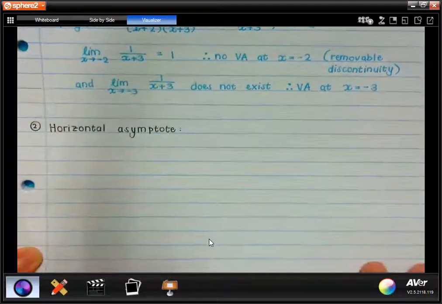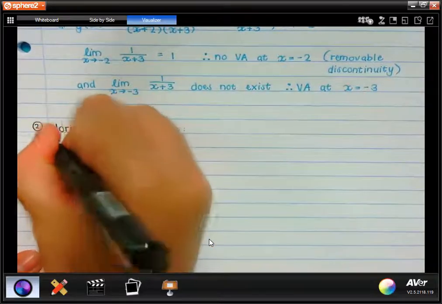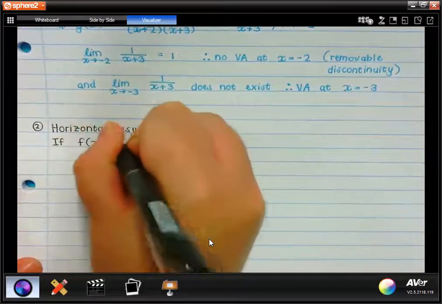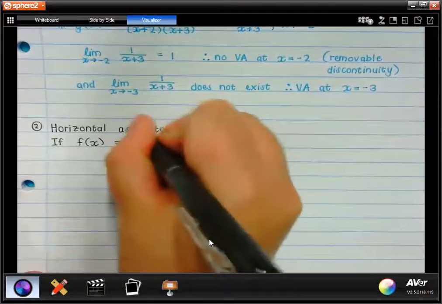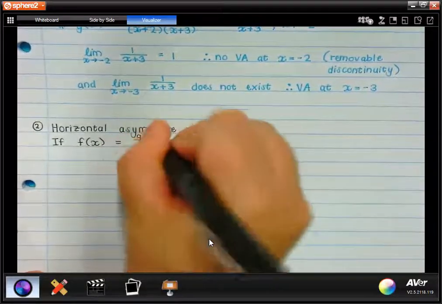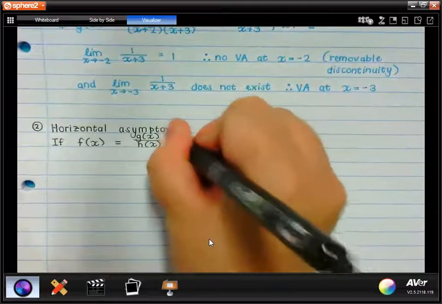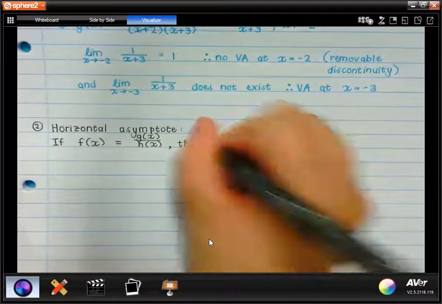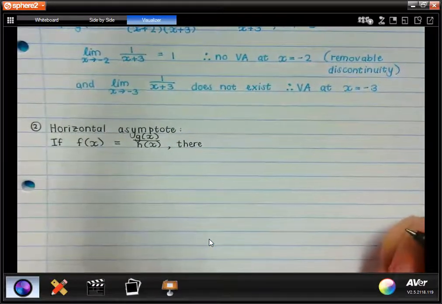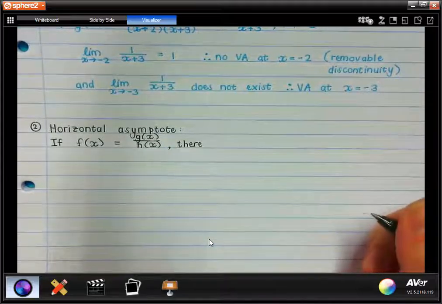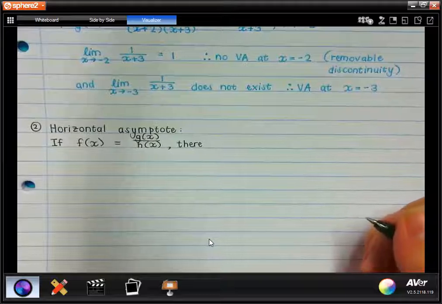Okay, so we're just going to write that. If we have a function which is a rational function, I'm just going to write it as g of x over h of x to show that it is a fraction. Now, guys, you saw in the examples where we changed the way that the function was written that sometimes you have a horizontal asymptote, sometimes you have an oblique asymptote. But the method of getting it is technically the same.